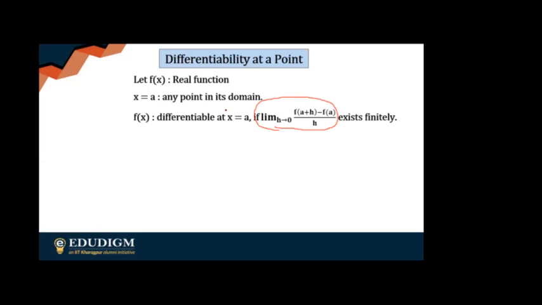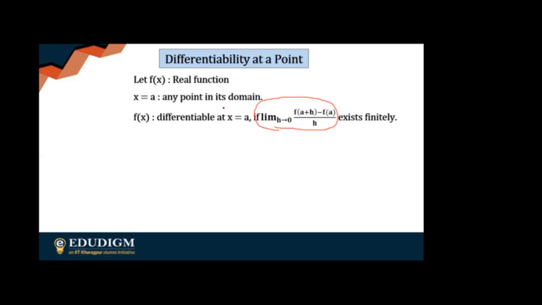Back then we didn't actually care about that, because all we discussed were some very standard functions. You have already seen how we differentiate sin x, cos x, e to the power x, etc., which do not cause any trouble. But there can be functions where this limit does not exist.